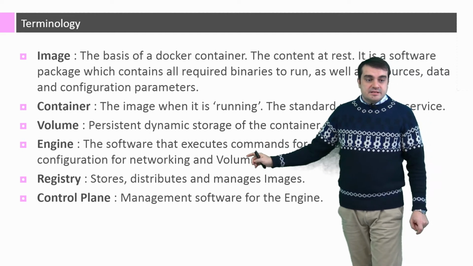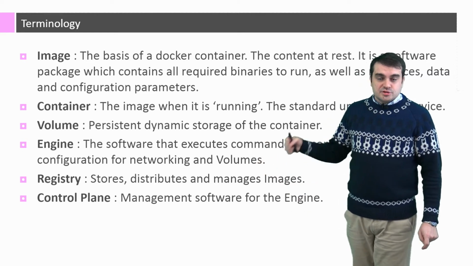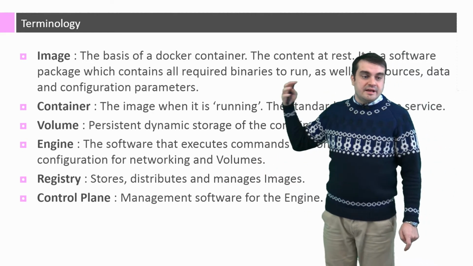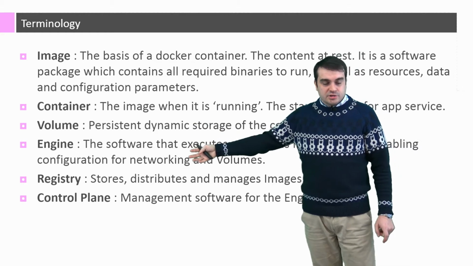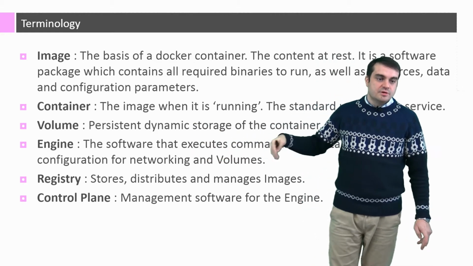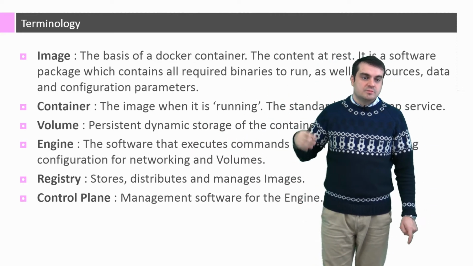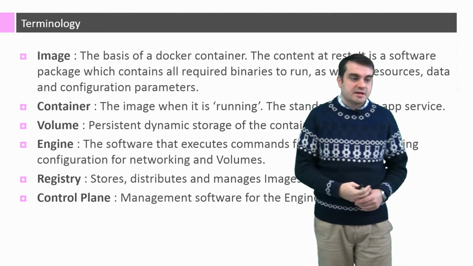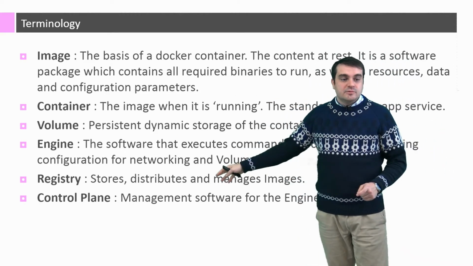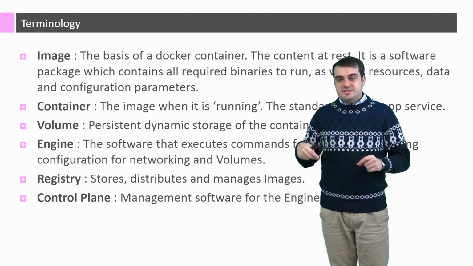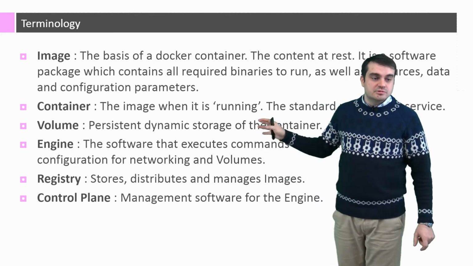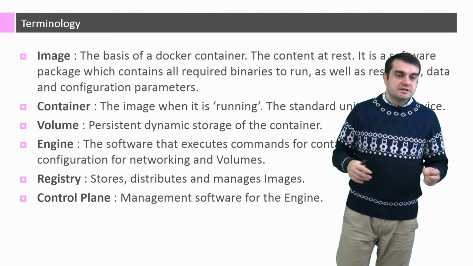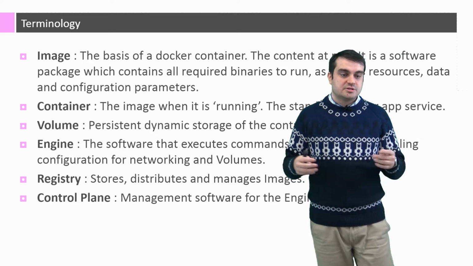The registry is an image management component that enables the storage and distribution of the images, so that we can share these images or we can download images from a registry. And the control plane is the component for us to control the engine, to start containers, to see the status of containers, and so on.